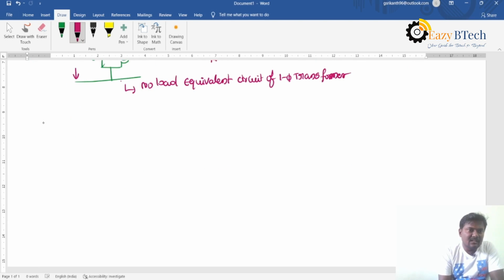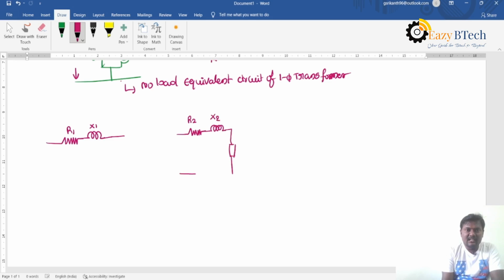When we consider the windings, the primary winding resistance is R1 and the primary winding leakage reactance is X1, and the secondary winding resistance is R2 and the leakage reactance is X2.